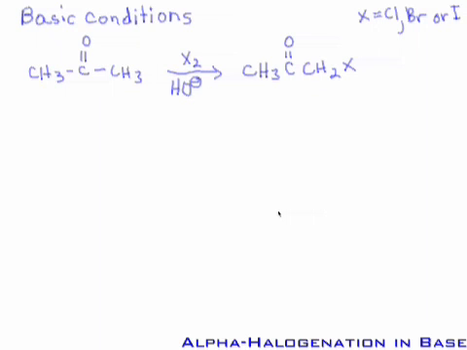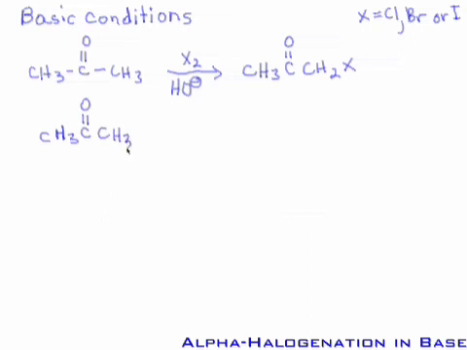Now, in base, you don't get protonation. There's no proton to add to the lone pair. So the mechanism must be somewhat different. Well, it is. Instead of adding a proton to the oxygen, the base comes in and deprotonates a proton off of the CH3.